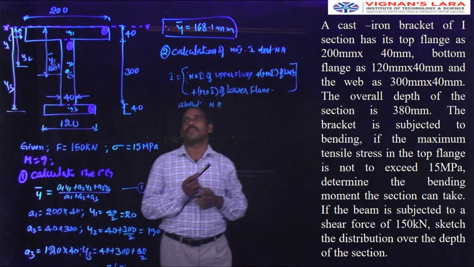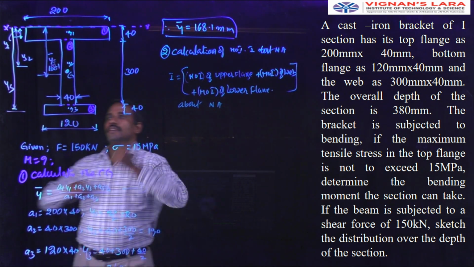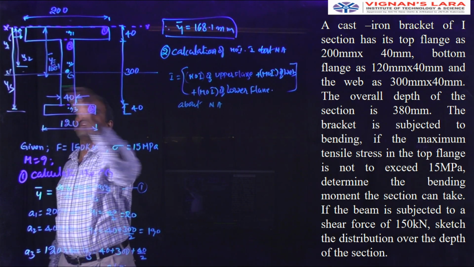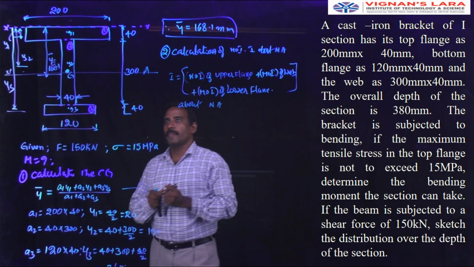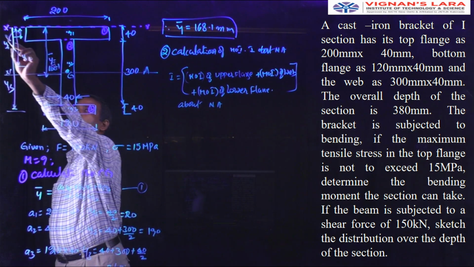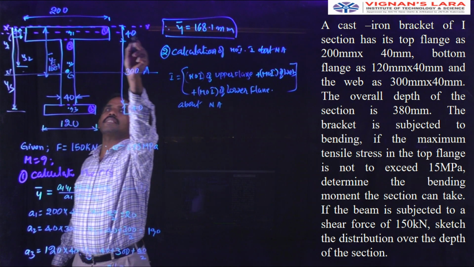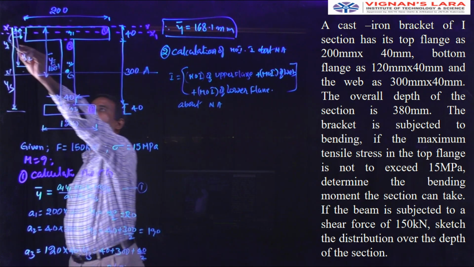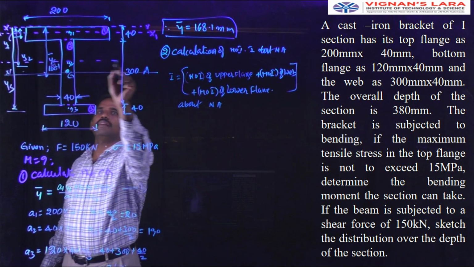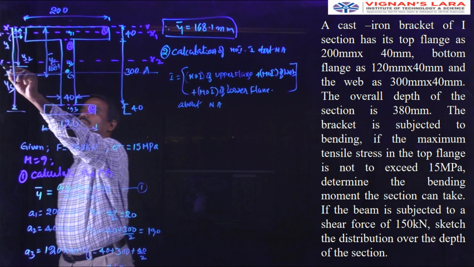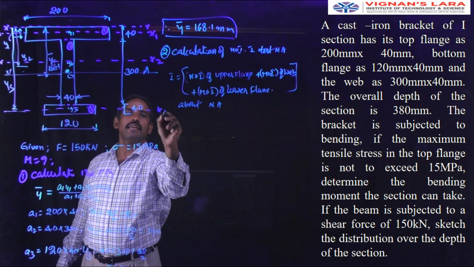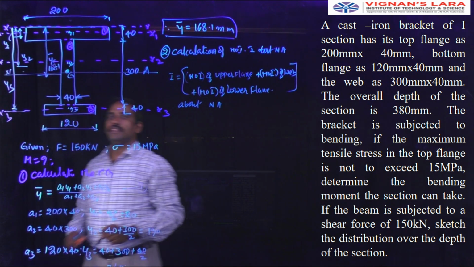This is a very, very important one. So this is the neutral axis, say NA. What we have to do? This is the central axis passing through the first element, say x1. This is the centroid of the second element, say x2. This is the central axis of the third element, say x3.